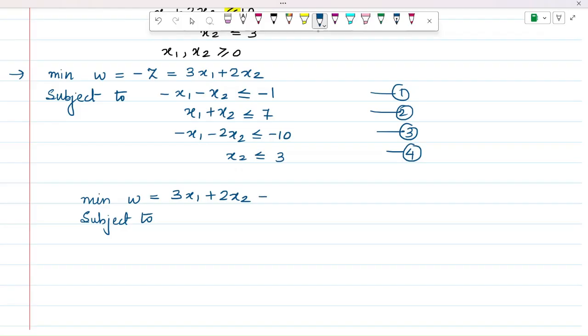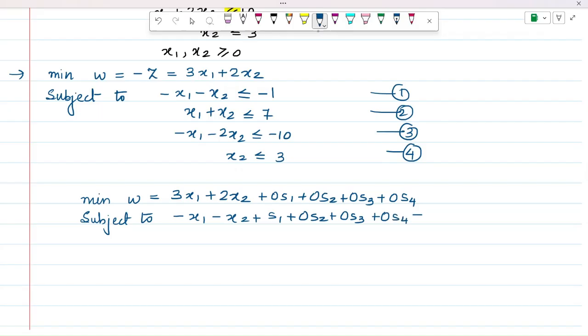Hence, there'll be 4 slack variables, okay? 0 S1, S2, S3, and S4. First constraint will have contribution from S1, so negative x1, negative x2, S1, all remaining zeros. And this becomes equality, -1.